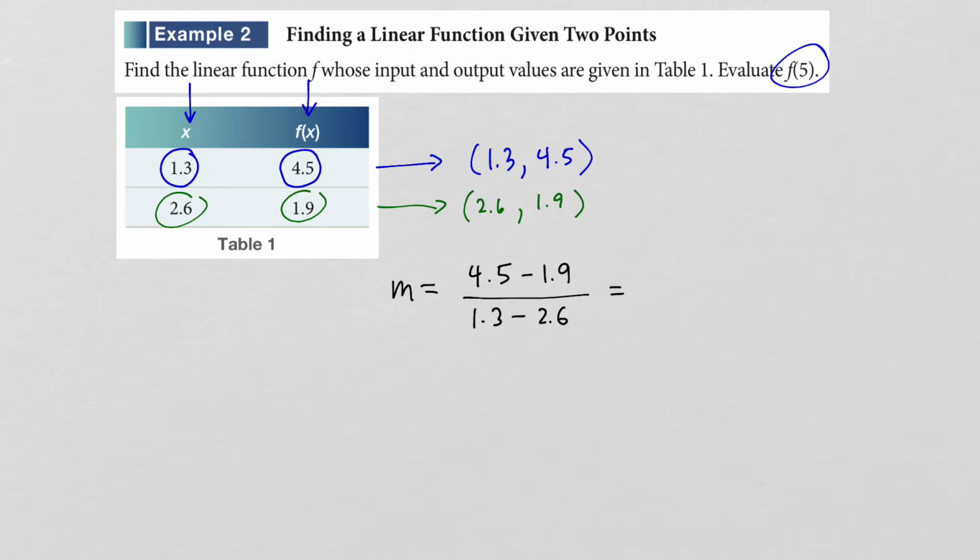Now if we do the math here, 4.5 take away 1.9 is 2.6, and 1.3 take away 2.6 is negative 1.3. And if you divide here and do the math, you end up getting negative 2. So we know that the slope is negative 2.